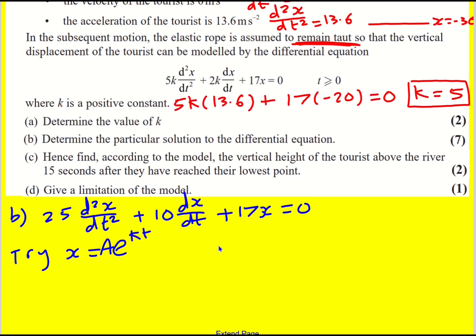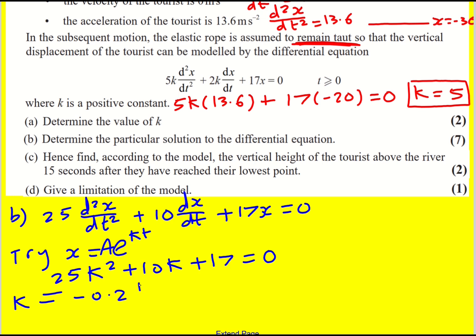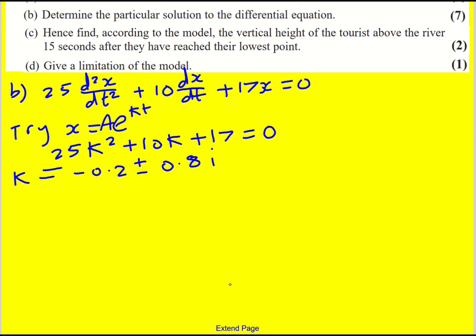You put that in and you get your auxiliary equation. I'm not going to go into lots of detail on this, but we're going to get 25k squared plus 10k plus 17 equals 0. This actually won't factorize, just put it in your calculator. We get a complex solution: minus 0.2 plus or minus 0.8i.